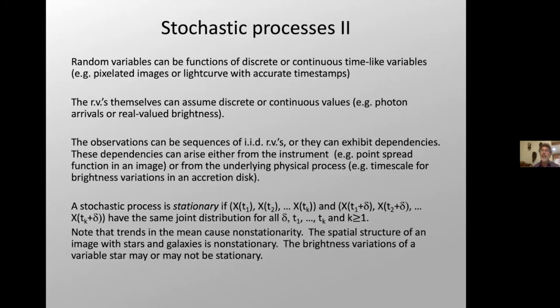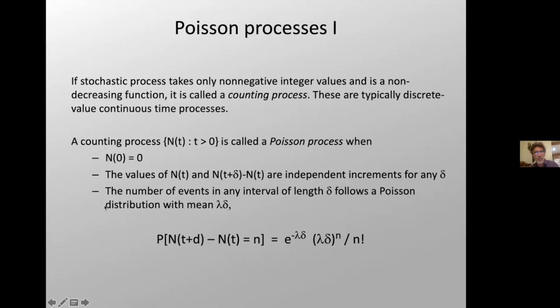Or it could be non-stationary, something crazy, something different, like a flare or an explosion, definitely is non-stationary. So stationarity sort of affects things, and we'll be talking mostly about stationary processes in the next hour.